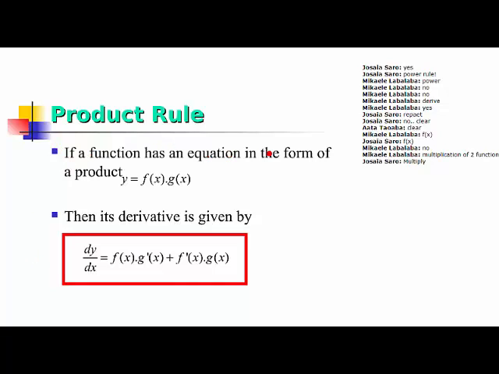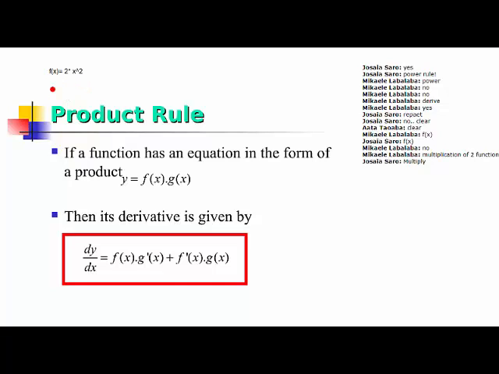So if a function has an equation in the form of a product, whereby y is equal to f of x times g of x. Now I give you one example whereby you have your f of x, which is equal to 2 multiplied by x squared.